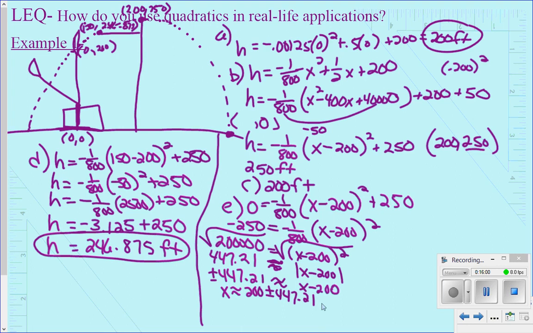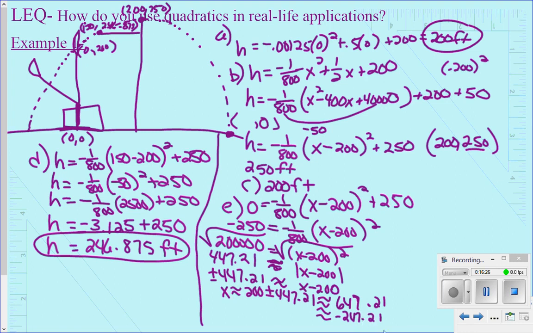So when I figure out what they both equal, I'm getting 647.21 or negative 247.21.